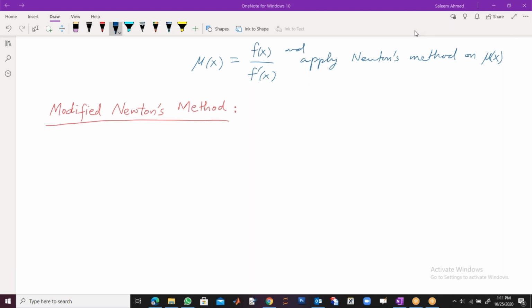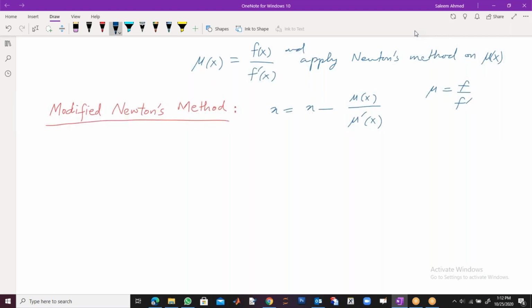So the modified method becomes, you remember we write x = x minus mu(x) over mu prime(x). This is what I said. Instead of using a method on f, use it on mu. Now you remember mu is f over f prime.